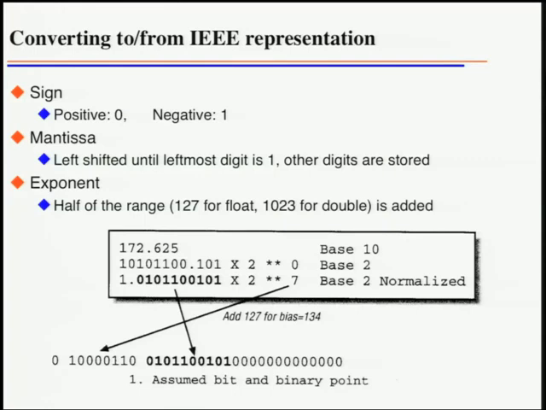Like here in this example, your exponent in base 2 should be 7. Then you add 127 and you store 134 into the exponent part. That's the 134. And then for storing the mantissa, the convention is you do a left shift of the number until you have a 1 in the binary representation. And this 1 is just assumed.